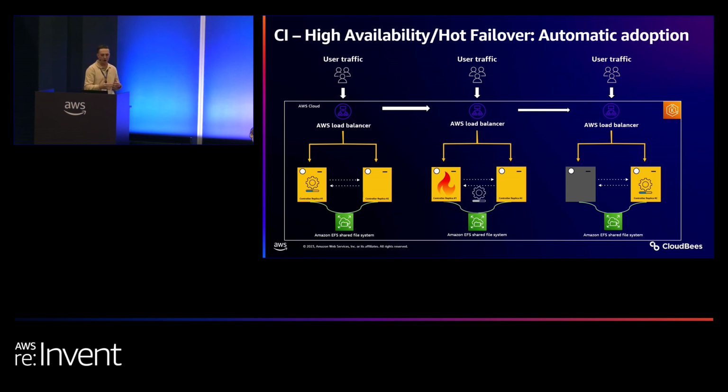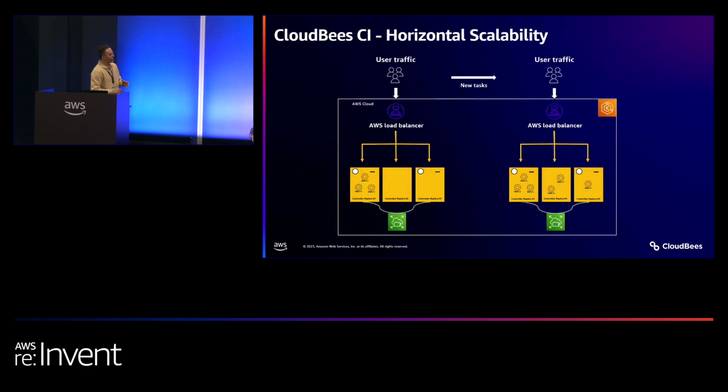But this is by far the best way to run our solution. And then you introduce some of these capabilities, the hot failover, the automatic adoption with the pod auto-scaling. It really is incredible.